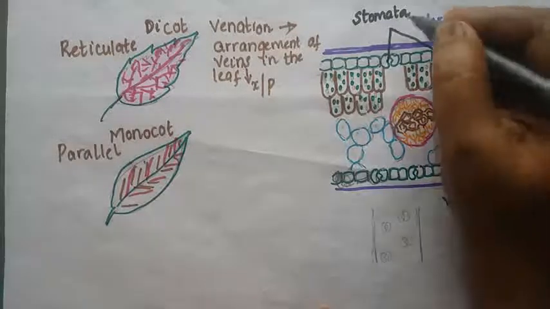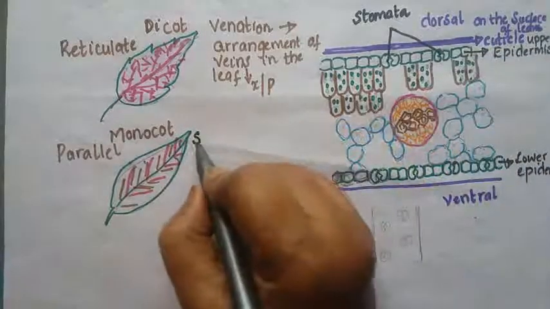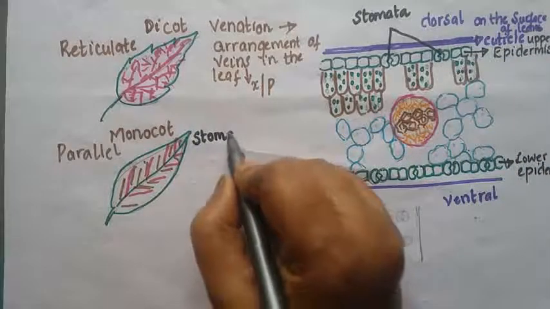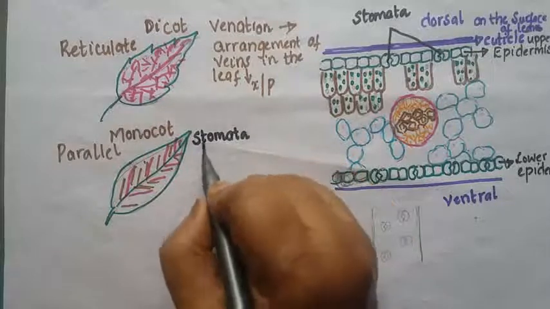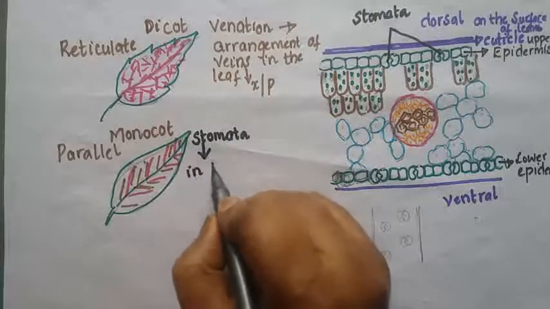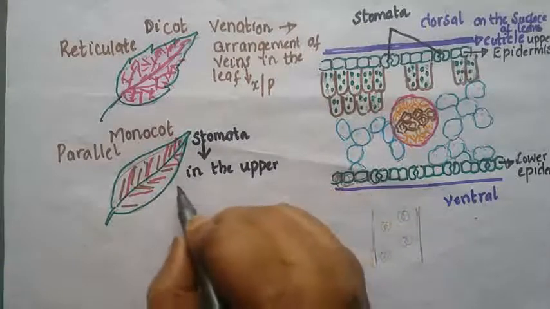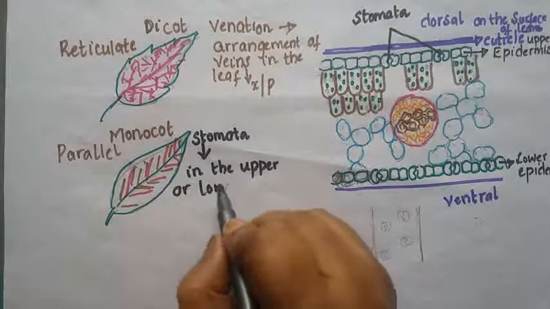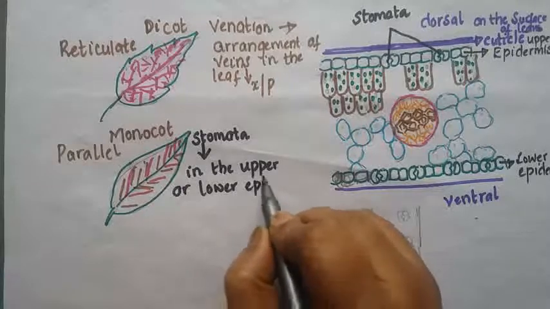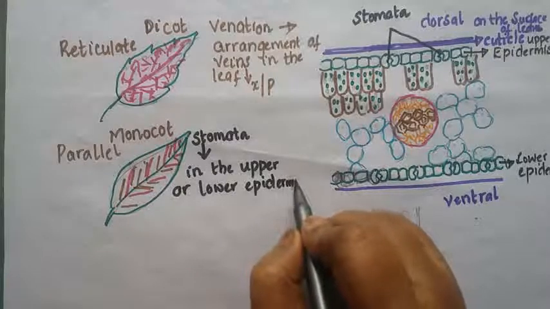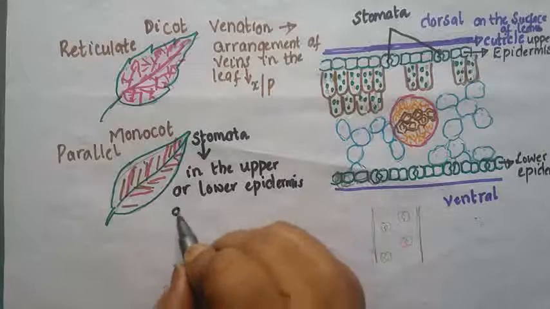So what is the location of the stomata? When they ask you the location of the stomata, you have to be very careful. It is found in the upper or lower epidermis of the leaf.